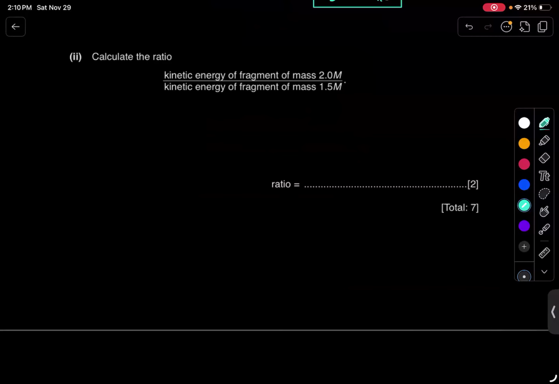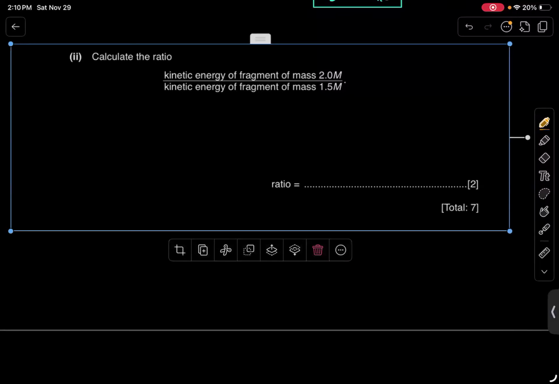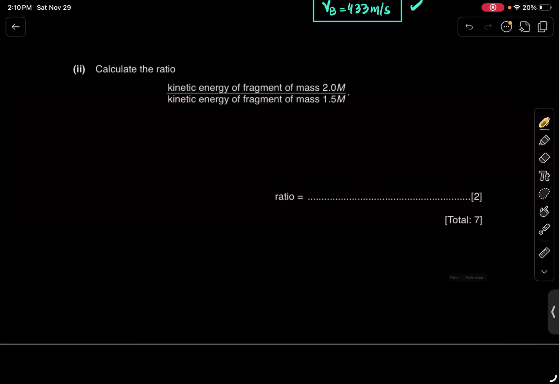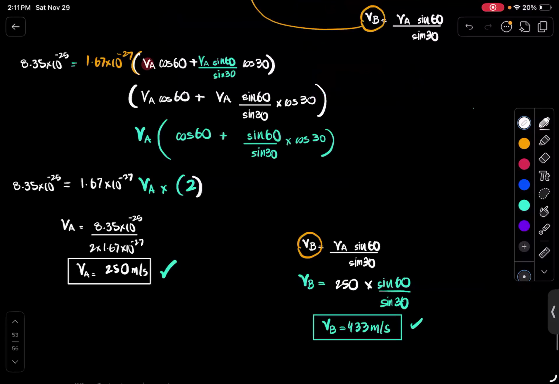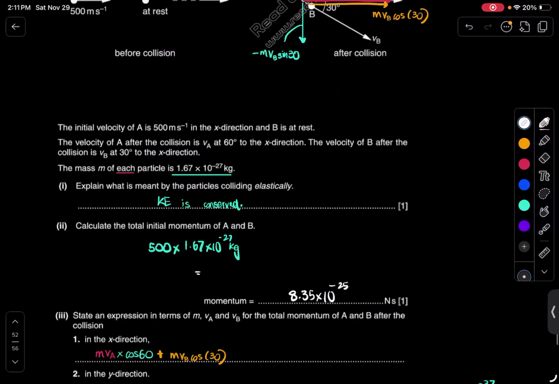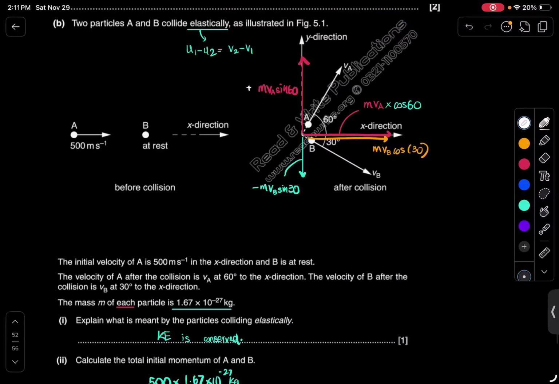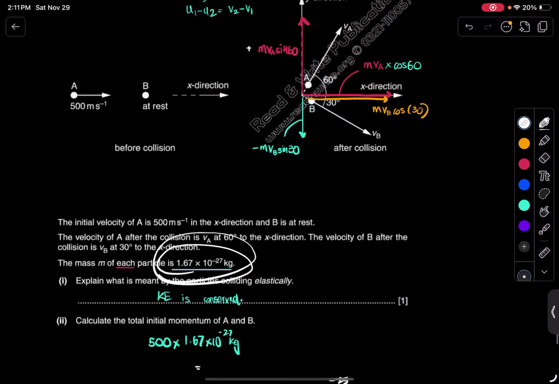Calculate the ratio of the kinetic energy of mass 2m divided by the kinetic energy of the fragment of mass 1.5 m. What do we do? How do we do that? Mass 2 times m. What is capital M? This capital M is this value.